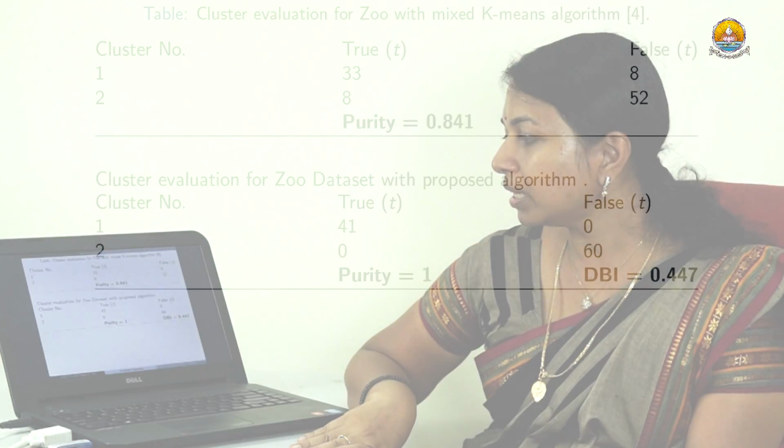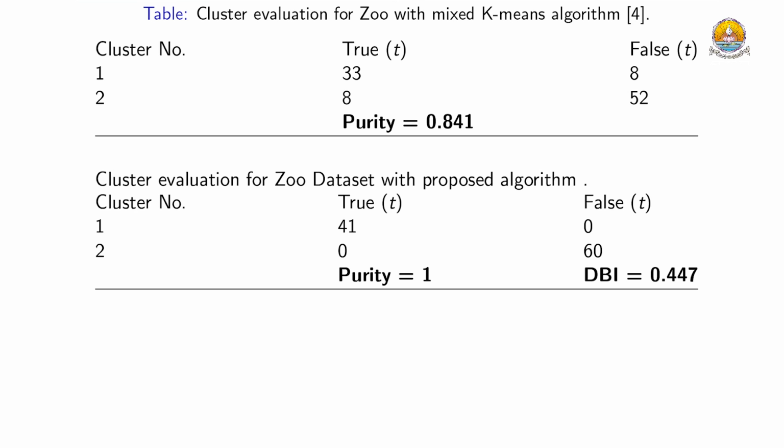We applied the same dataset to our proposed algorithm, also for clustering into 2 clusters. What we found is a very good result, because when we looked into the first cluster we found all the data instances belonging to one class, and for the second cluster we found the data instances belonging to the second class.